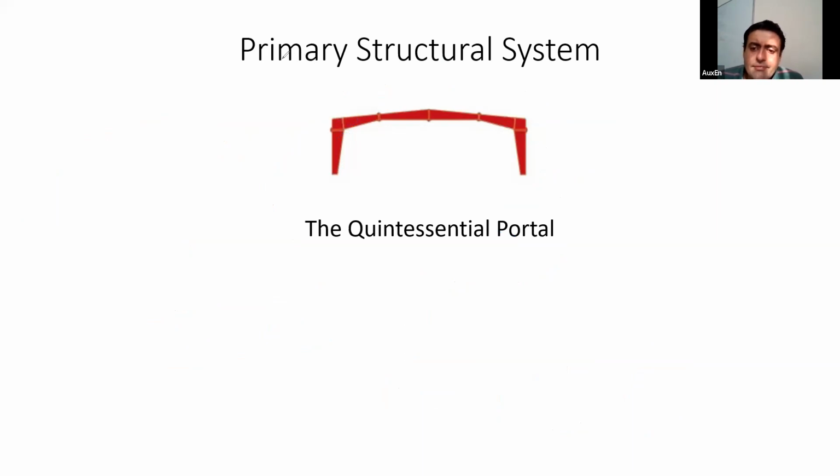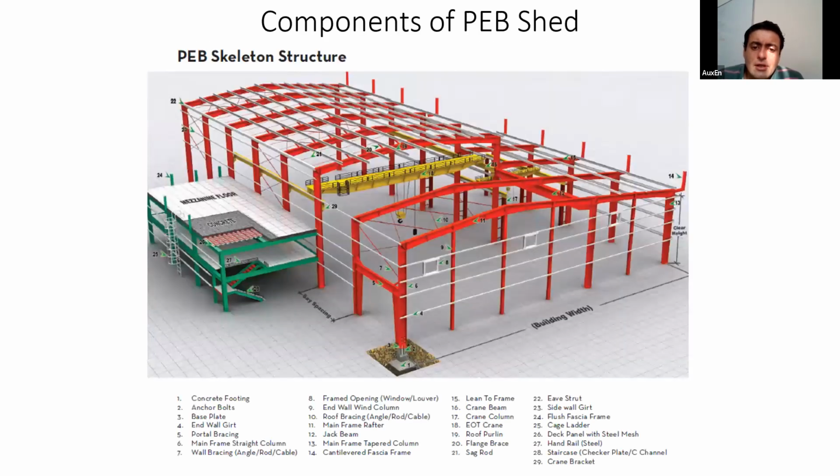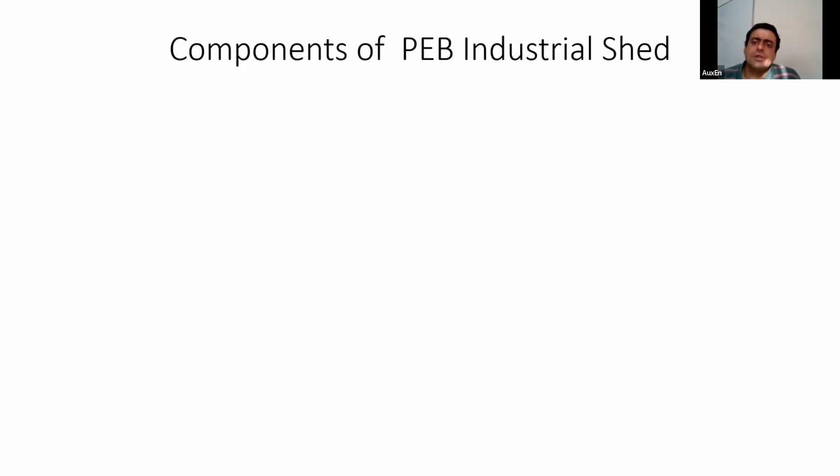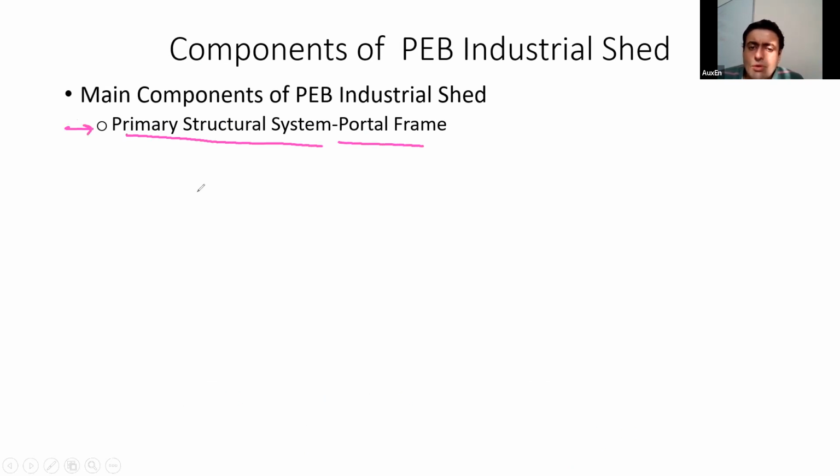Now we will go back. Okay, so the components of the industrial shed that we are going to discuss would be the primary structural system. So what is the meaning of primary structural system? These are the components of your PEB industrial shed.